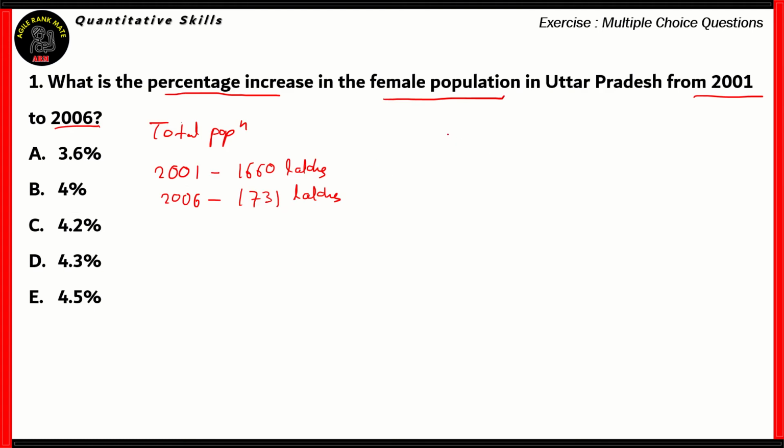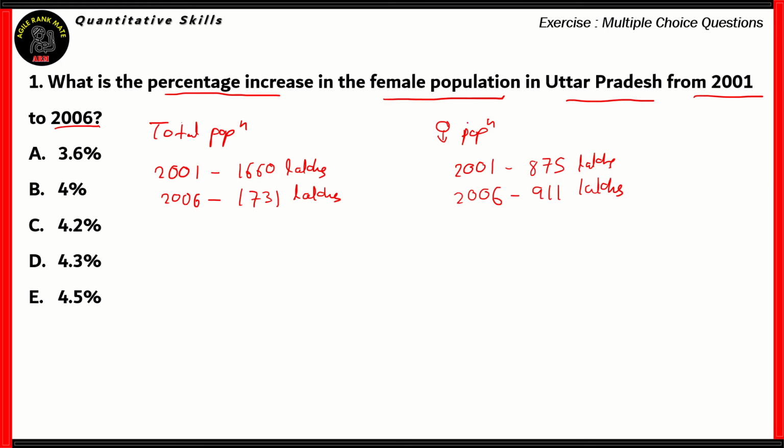Now if you look at the male population, in 2001 the number was 875 lakhs, while in 2006 it was 911 lakhs. So now we know the total population and the male population for Uttar Pradesh in 2001 and 2006.